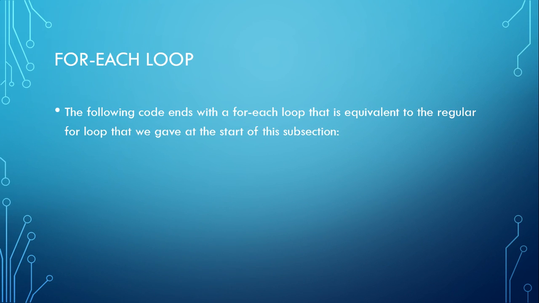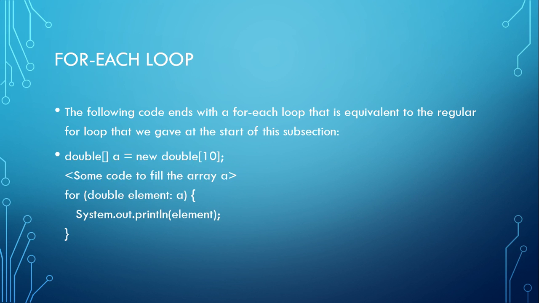So the following code ends with a for each loop that is equivalent to the regular for loop we gave at the start of the subsection. Double array A equals new double 10, some fill array, for double element colon A, System.out.println element. You'll notice that it's very similar, but at the same time, the for conditions are slightly different.